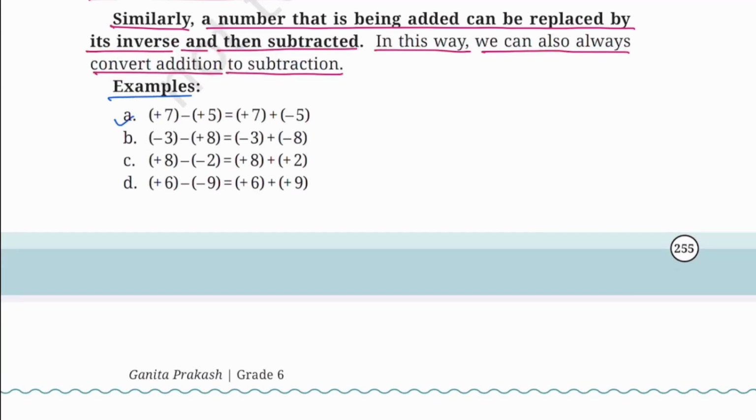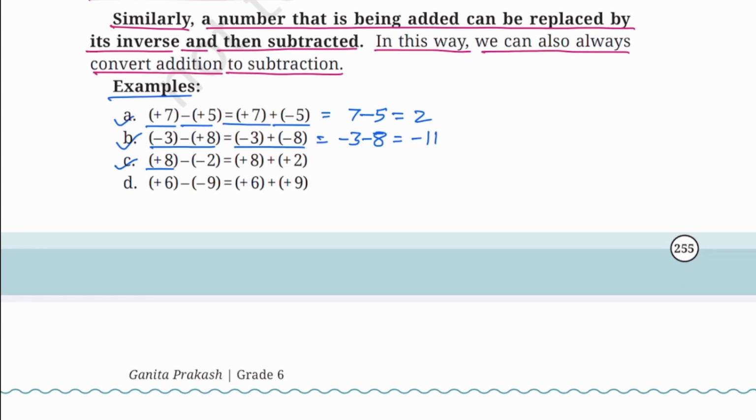Example: A. Plus 7 minus plus 5 is equal to plus 7 plus minus 5. That will be equal to 7 minus 5, which is equal to 2. B. Minus 3 minus plus 8 is equal to minus 3 plus minus 8, which is equal to minus 3 minus 8, which is equal to minus 11.